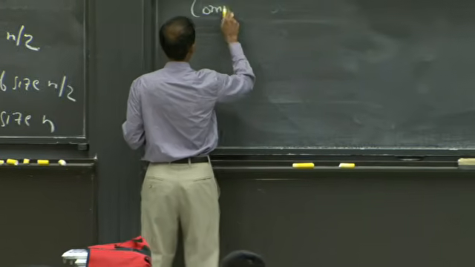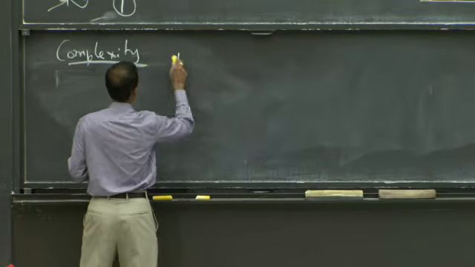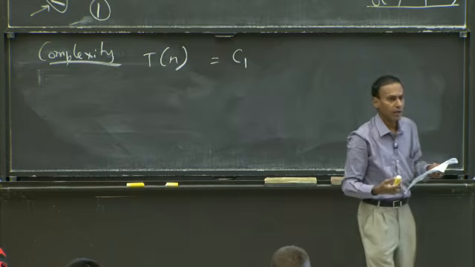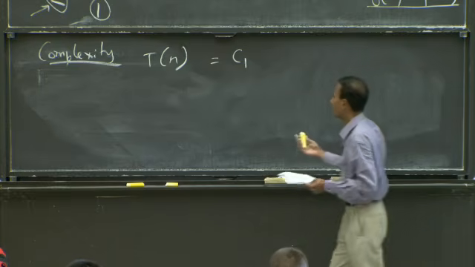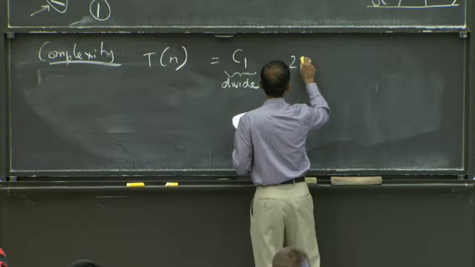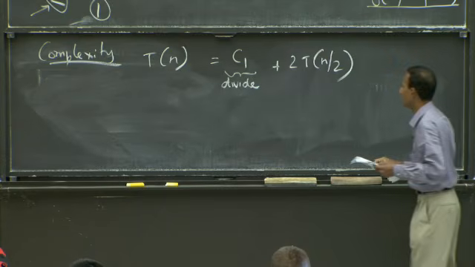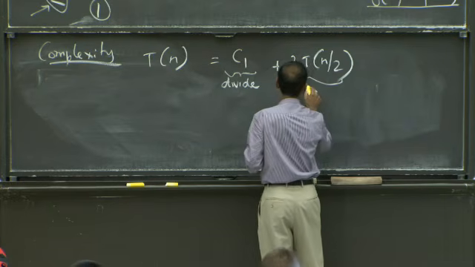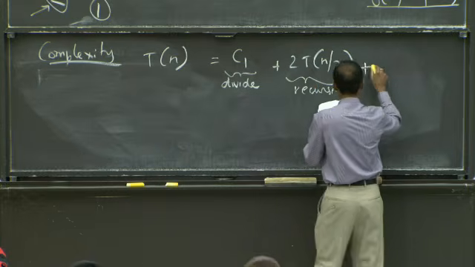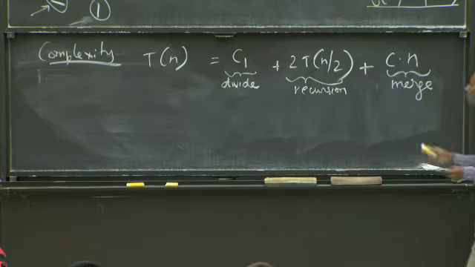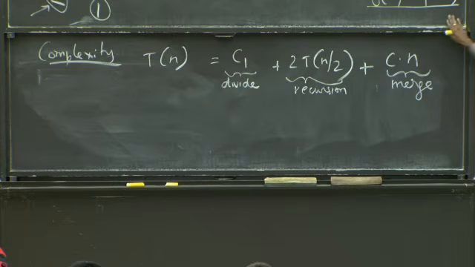When I say complexity, I can say T of n, the work done for n items, is going to be some constant time to divide the array, plus two problems of size n over 2, so 2T of n over 2, which is the recursive part. And then c times n, which is the merge part. That's some constant times n, which is what we have with respect to the theta n complexity.